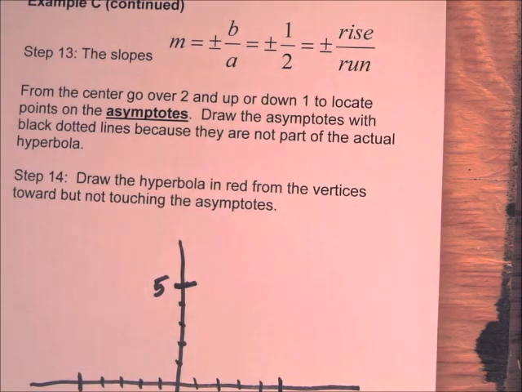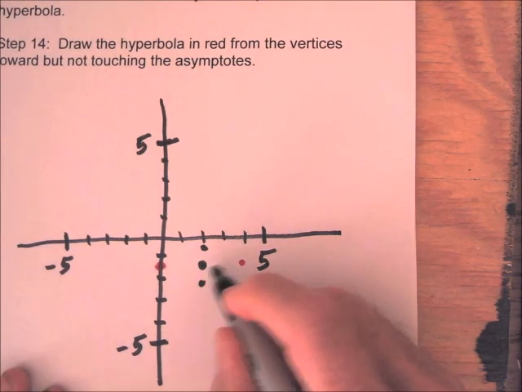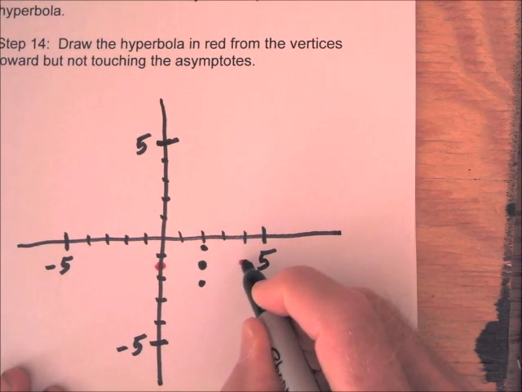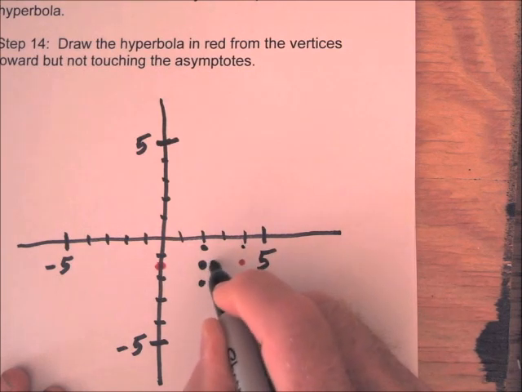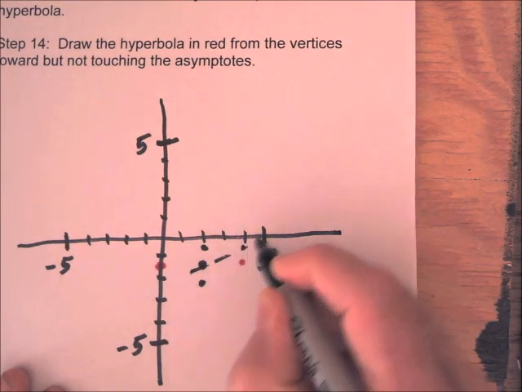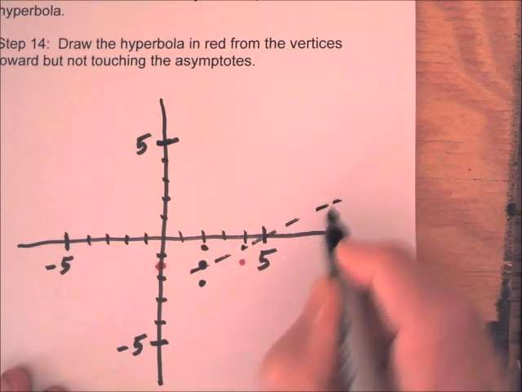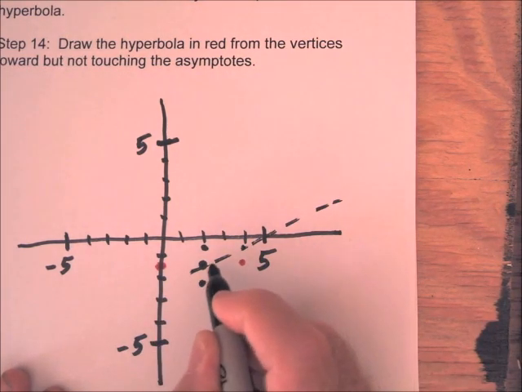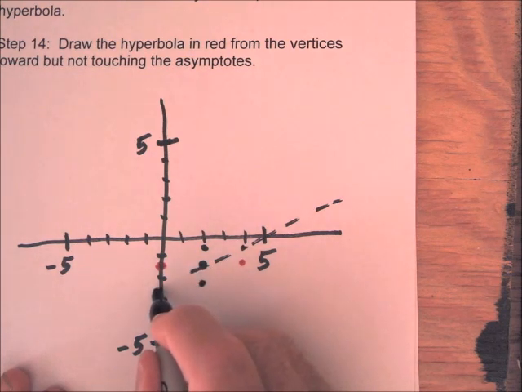Every time we go over 2, you go up 1. So here, from the center, go over 2, up 1, and we have a point there, and we can draw an asymptote through that point. If we go in the other direction, you go over 2, down 1.